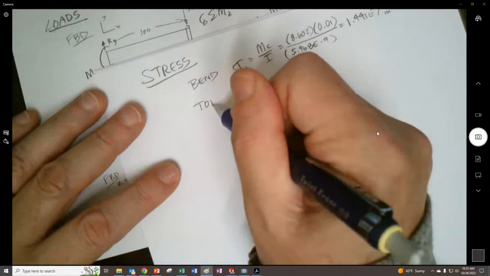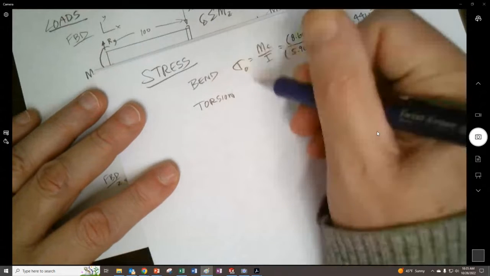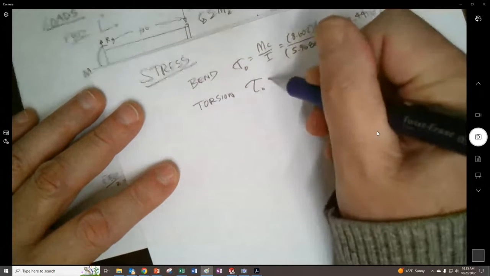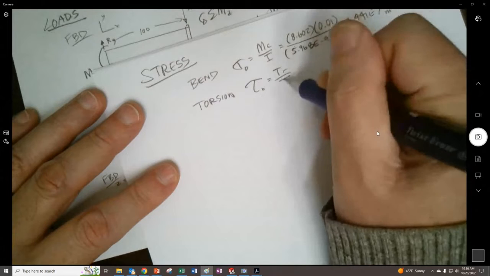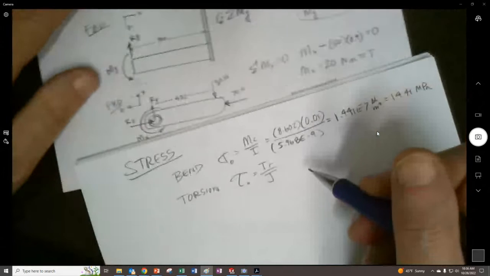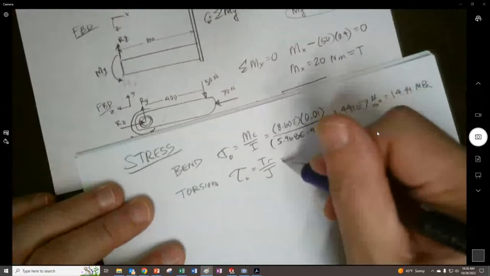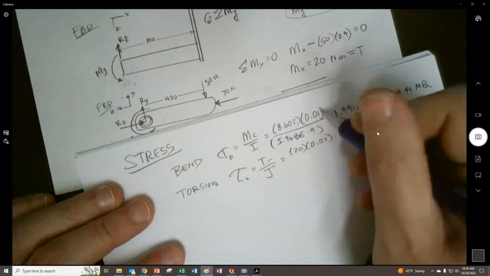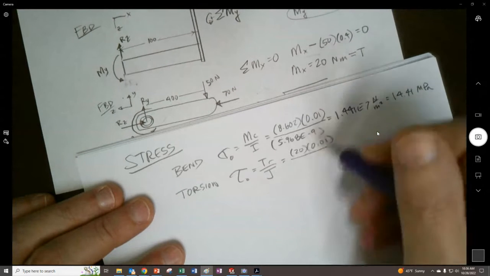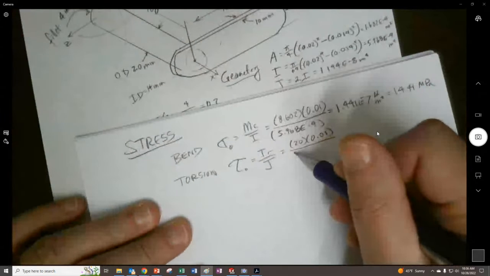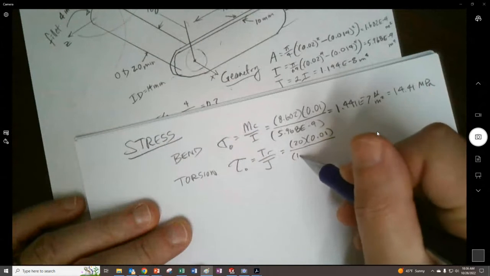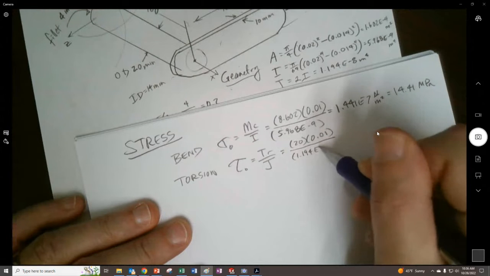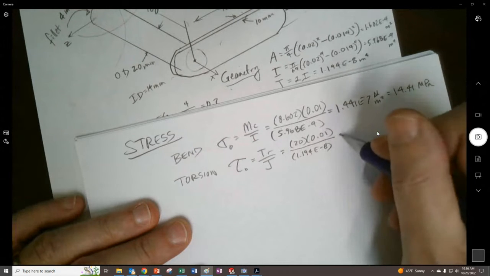And now if I go for torsion, I'm going to get tau nominal, TR over J. And our torsion, we just found out, was 20 Newton meters. We have the same distance to the outside fiber for torsion as we do for bending for a round thing. And we now use 1.194 E minus 8.